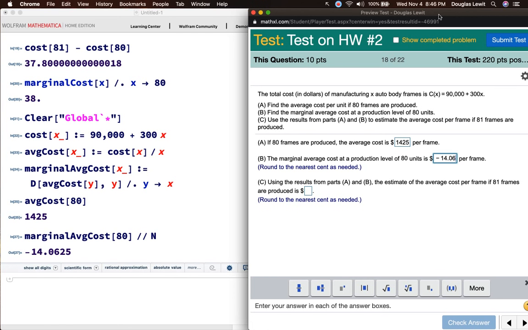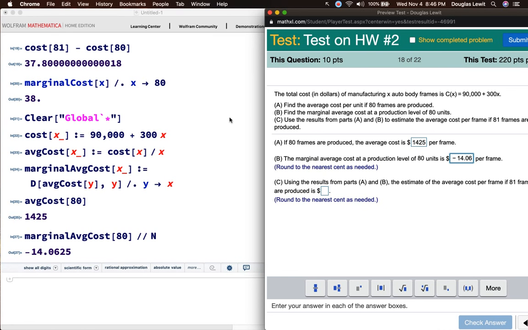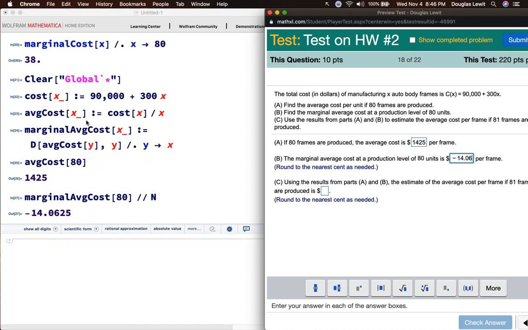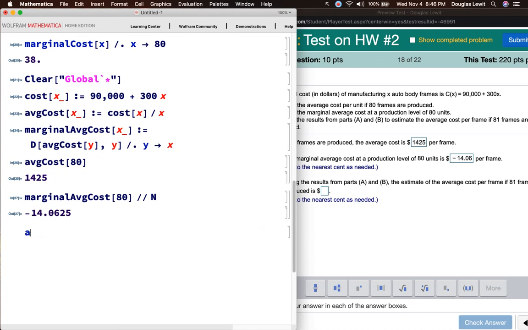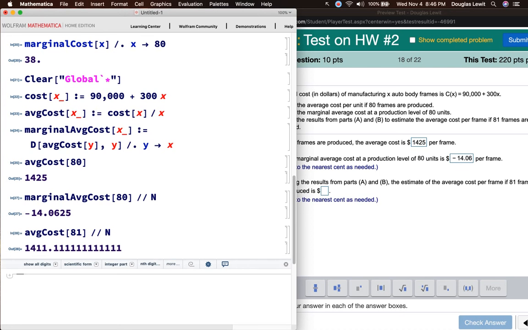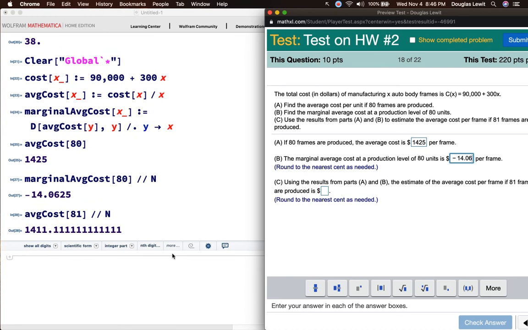Using the results from parts A and B, the estimate of the average cost per frame if 81 frames are produced is going to be, now we could just use the function average cost of 81, but that's really not what they want us to do. They want us to use the derivative.